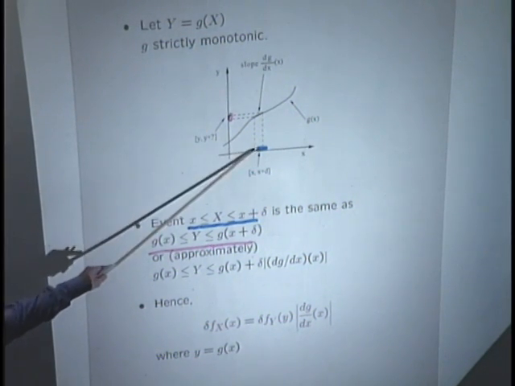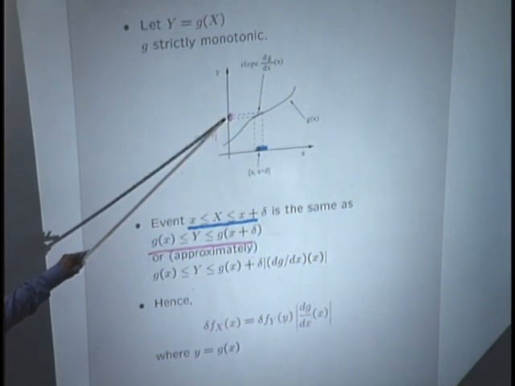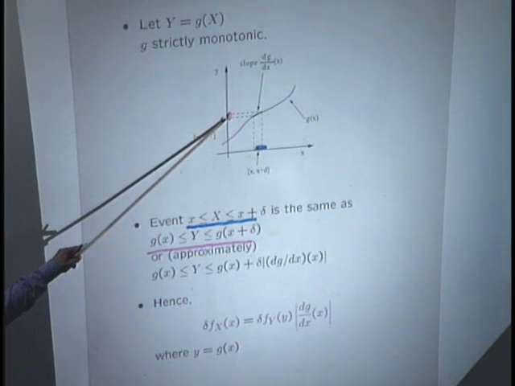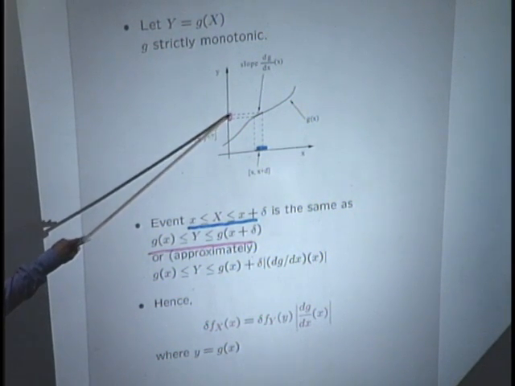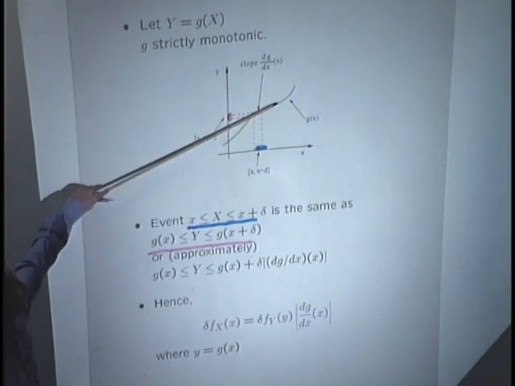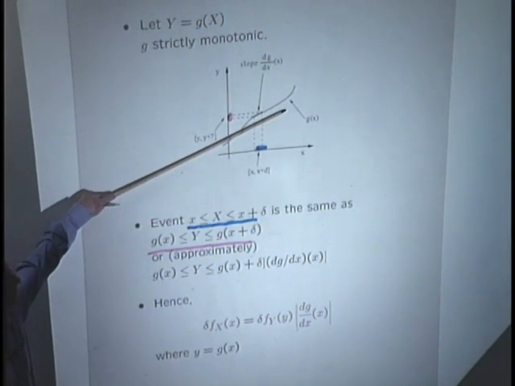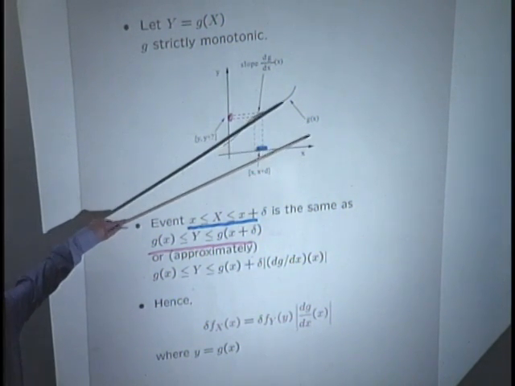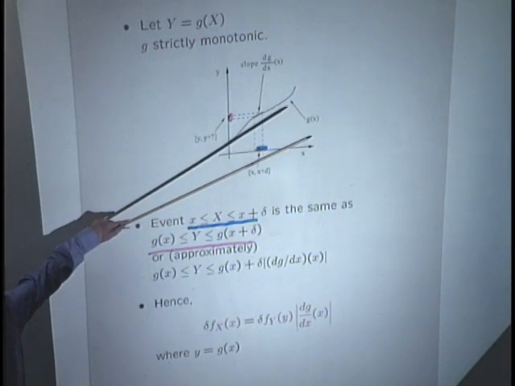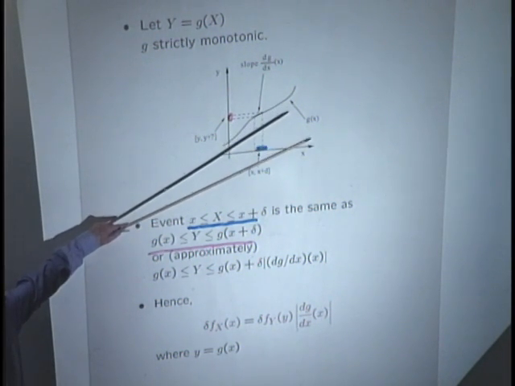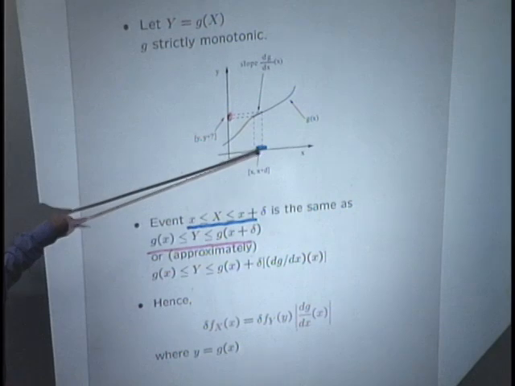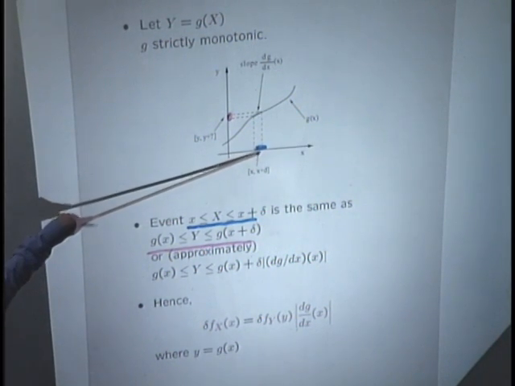Now, this interval has length delta. Does that mean that this interval also has length delta? Well, not necessarily. The length of this interval has something to do with the slope of your function g. So the slope, dy by dx, tells you how big the y interval is when you take an x interval of a certain length.